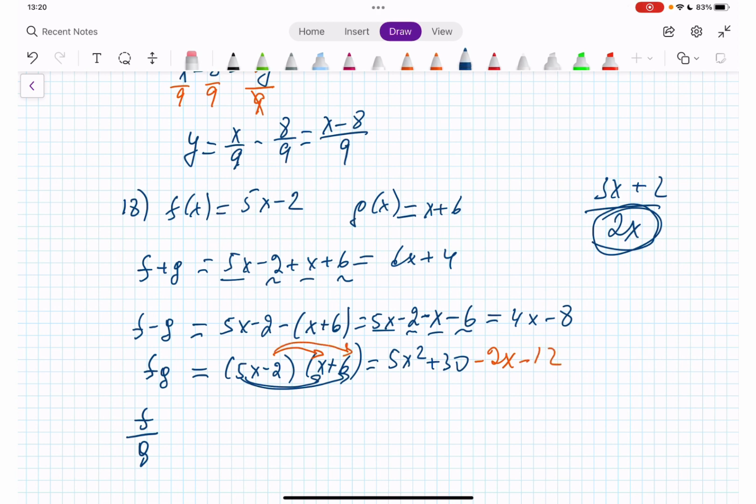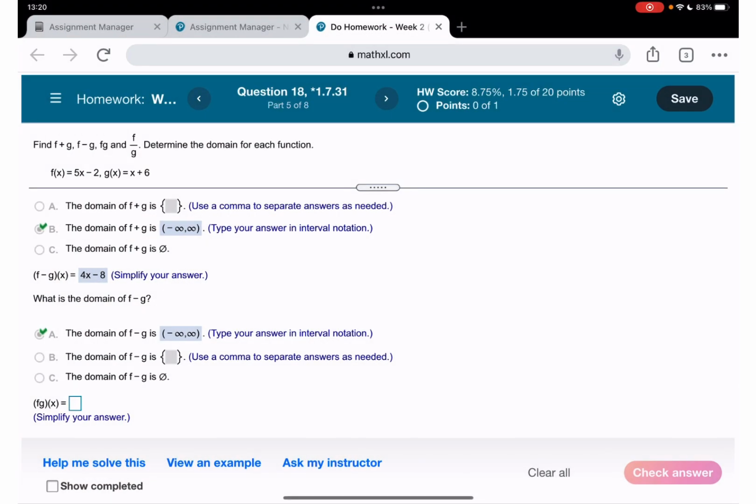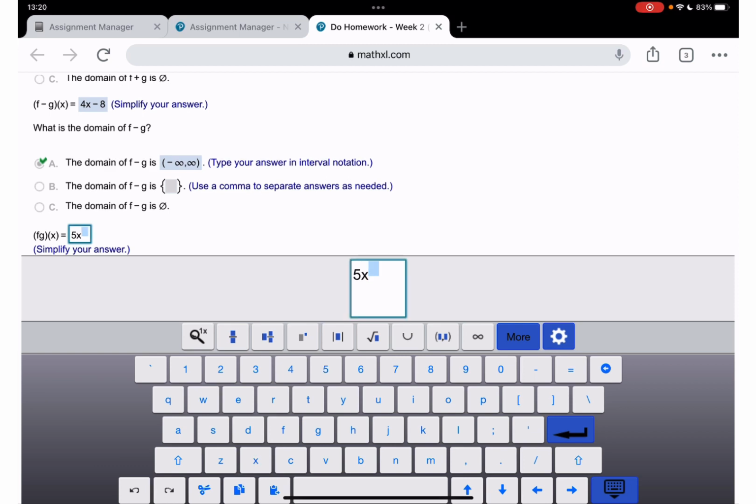Like terms: 30 minus 12 is 18. So the result is 5x squared minus 2x plus 18.